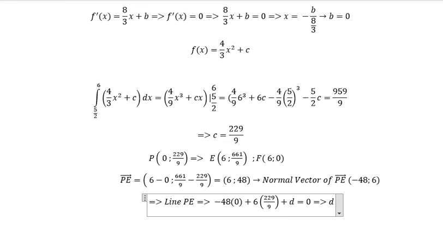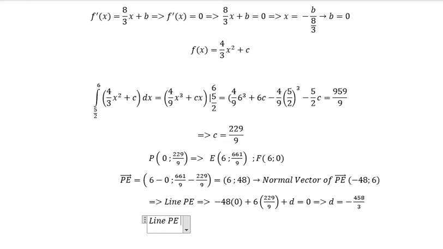We can find the value of D, which is negative 458 over 3. So the line PE is negative 48x plus 6y minus 458 over 3 equals 0.